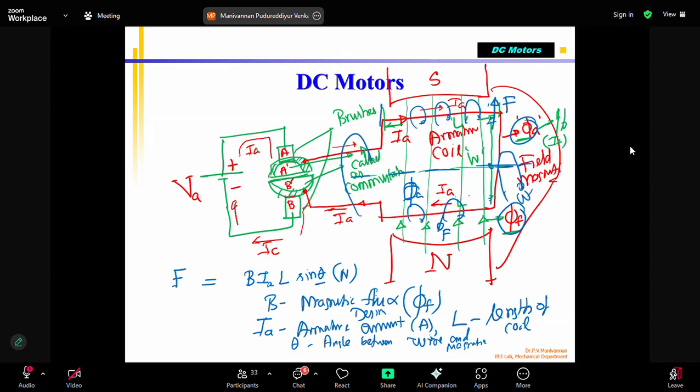The theta varies because the field may remain constant. But the armature coil, because of the repulsive force, is rotating, and as it rotates, the theta will vary. But you'll see that the force will remain constant. So the torque is proportional to the radius of the coil. That we'll see in the next slide. So this is how the basic equation of force produced in a single turn is given.